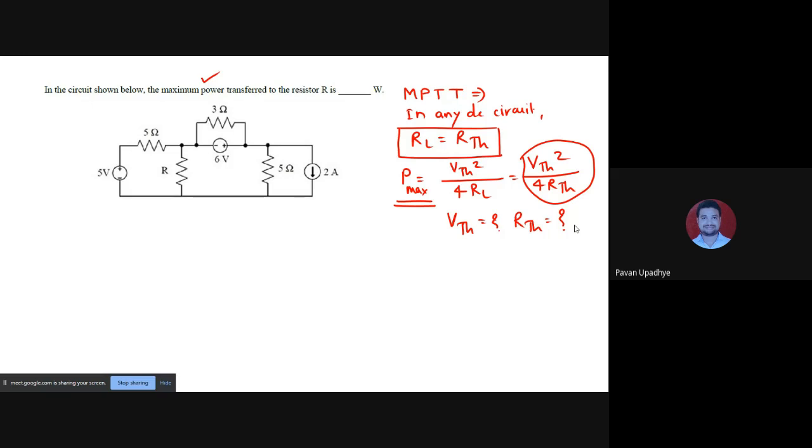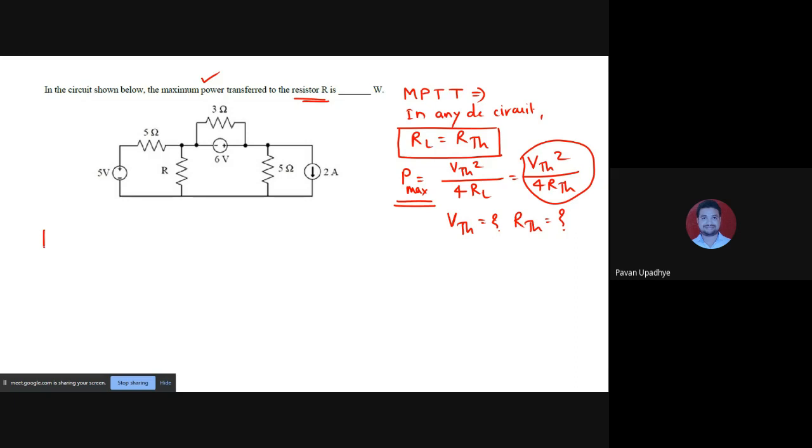So we shall go ahead to find the voltage VTH. They are asking us the maximum power across resistor R, so across resistor R this branch should be opened.